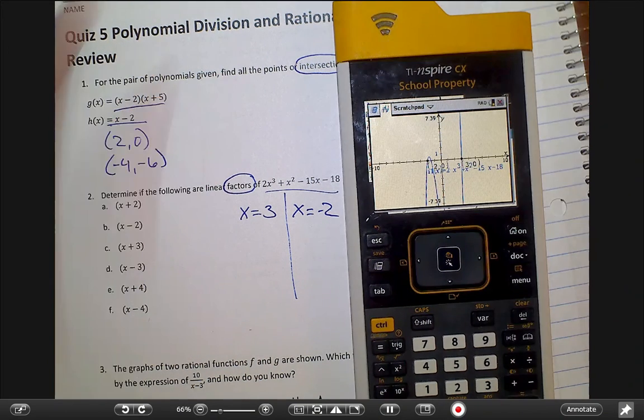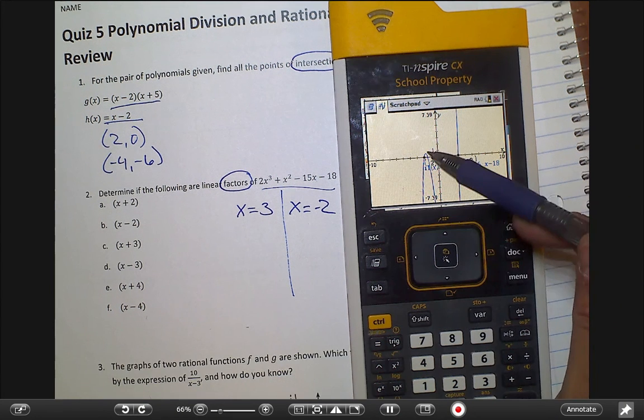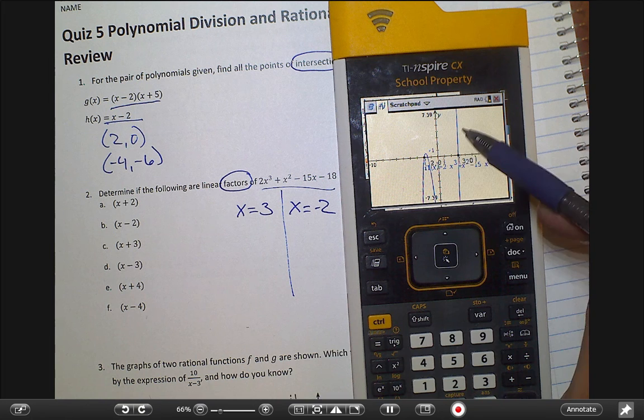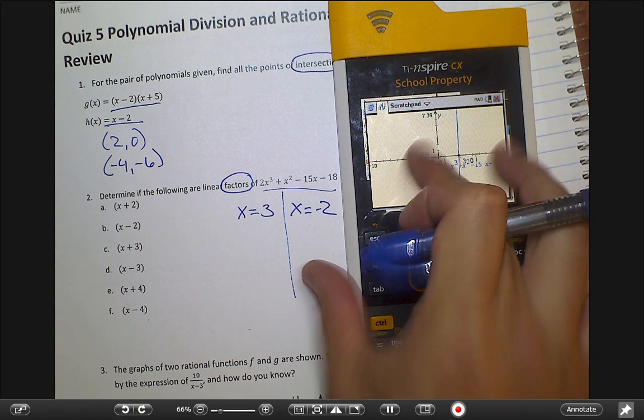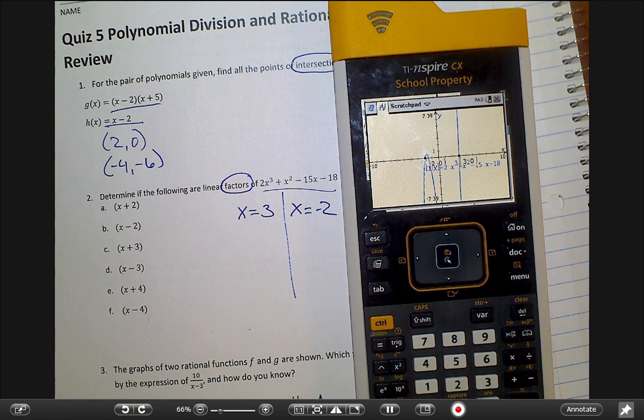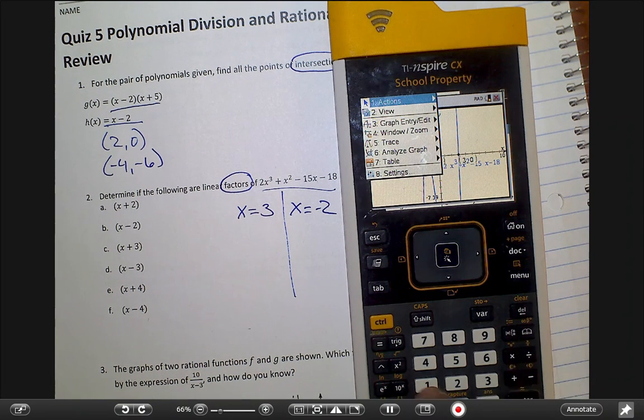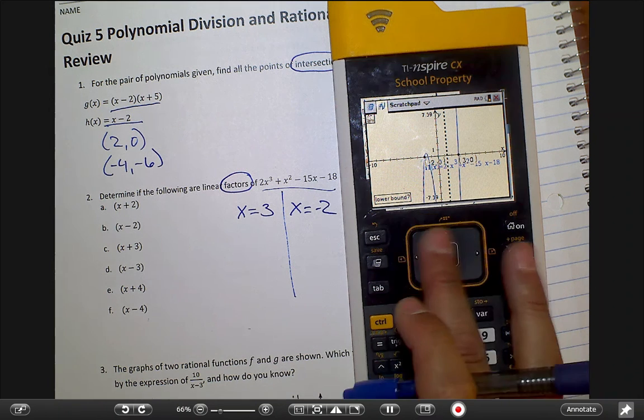And how many times does this thing cross my x-axis? 3 times, right? Because it goes up, it comes back down, and then back up. So there should be 3 of those. So find the third. Yeah, -1.5.